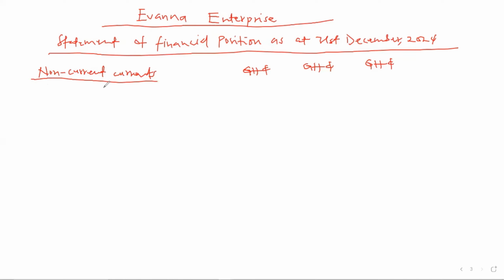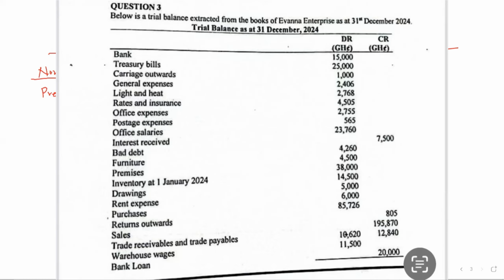Some of the non-current assets in the question, we have premises, which is 38,000. Then we have furniture, which is 4,500.